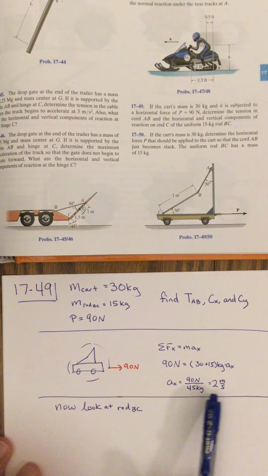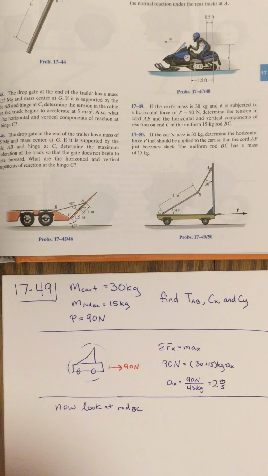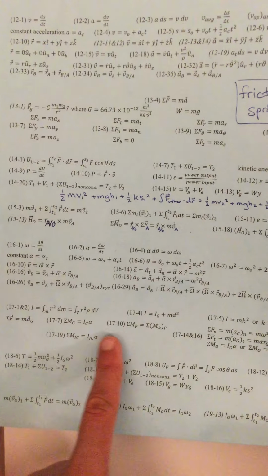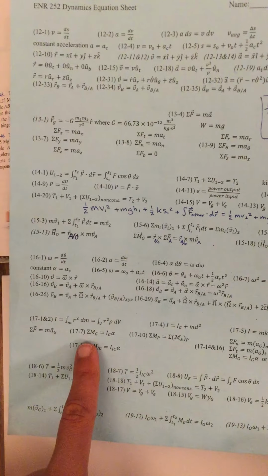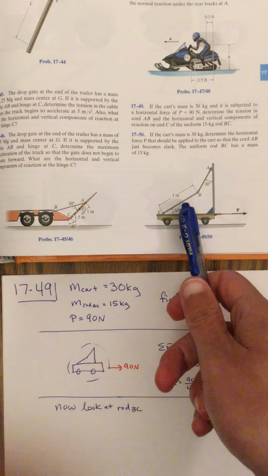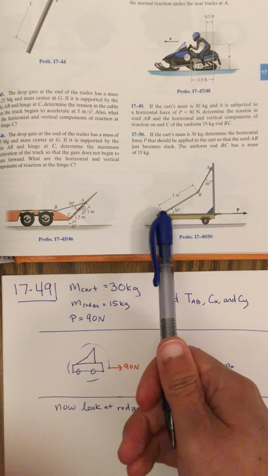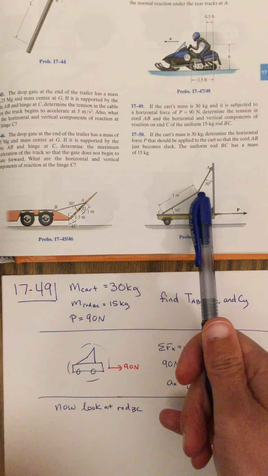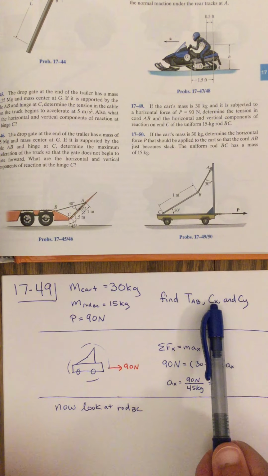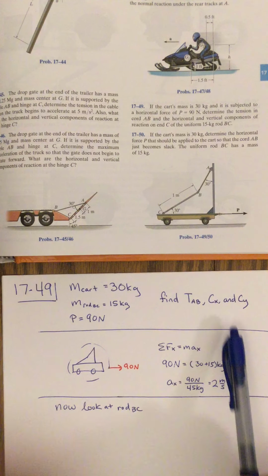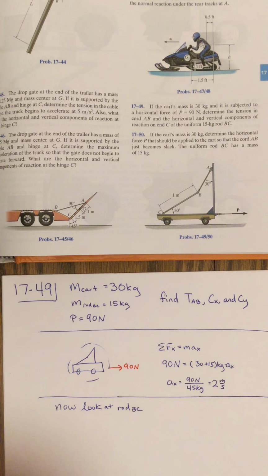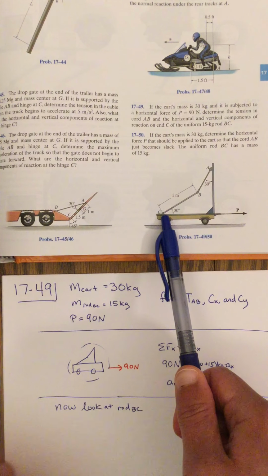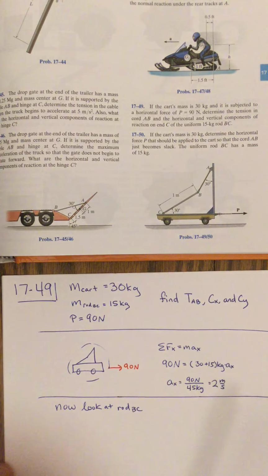And when I look at that rod, I have the acceleration already. So I have 2 different equations I can use, which are equation 17.7 or equation 17.10. If I sum up the moments about the mass center, I'm going to have the forces that are acting at point C and the forces that are acting at point B, but I don't know the components of the forces acting at point C. So instead, I'm going to sum up the moments about point C, and then I get rid of those unknown components.